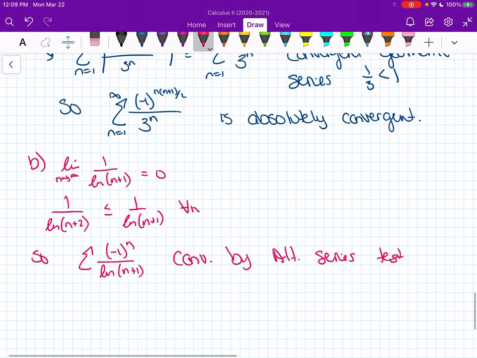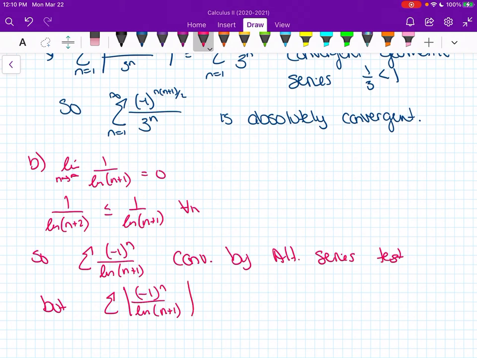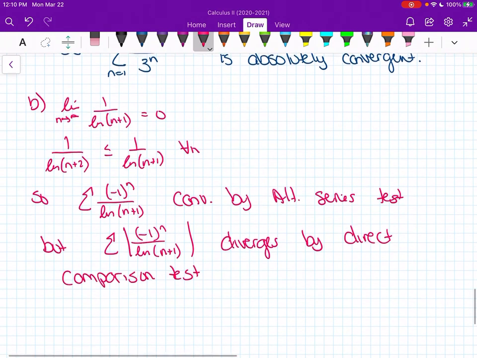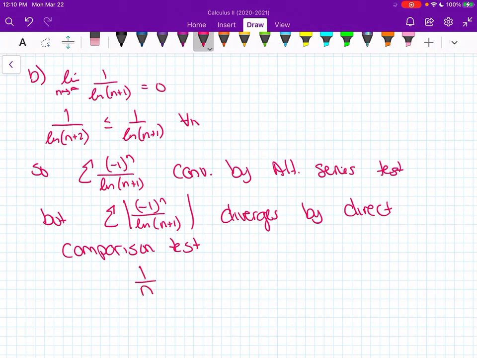But if I think about taking the absolute value of it, this is going to diverge by the direct comparison test. I know it's going to diverge because 1 over n is less than or equal to 1 over the natural log of n plus 1.